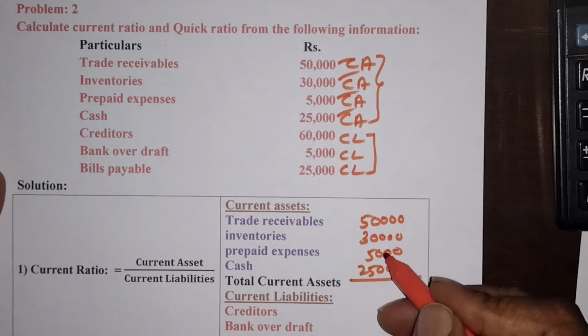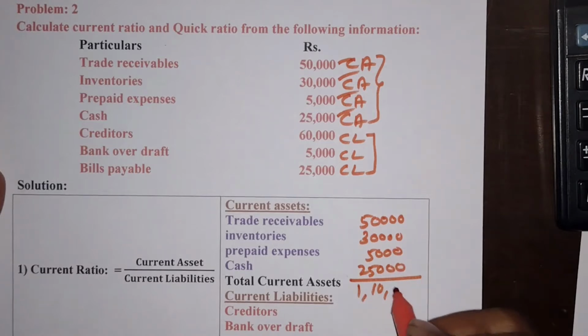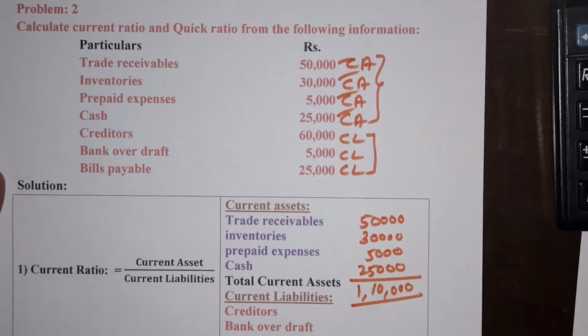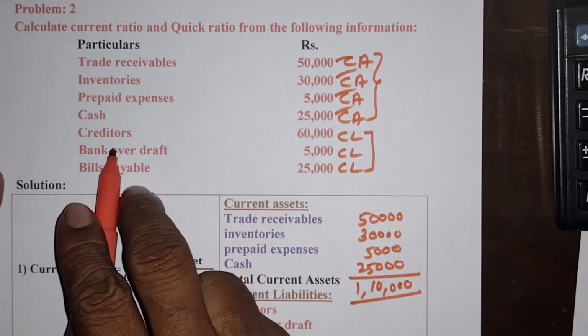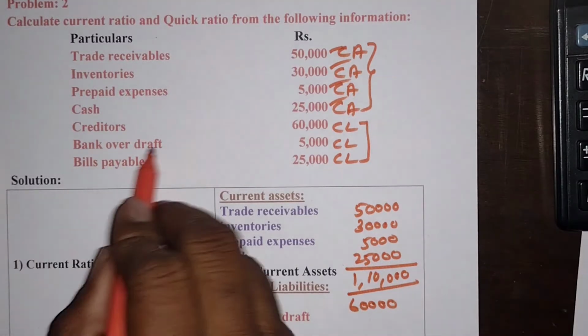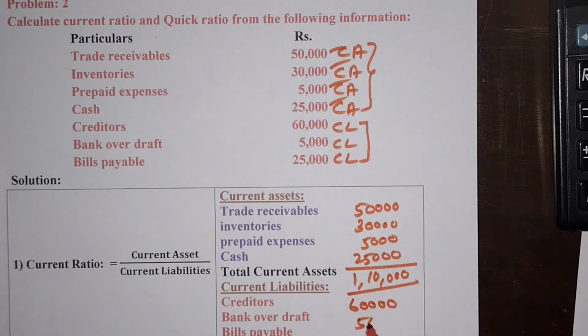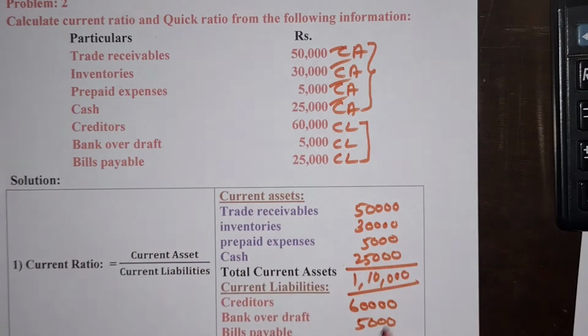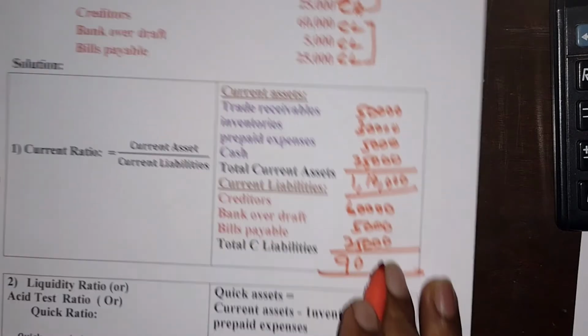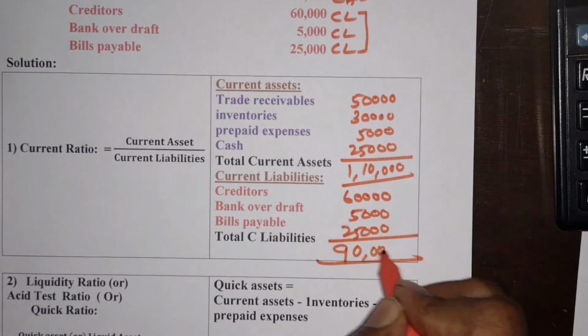Total of all this: 50, 80, 85, 90, 1,10,000. And creditors 60,000, bank overdraft 5,000, bills payable 25,000. Total current liabilities you get here is 90,000.